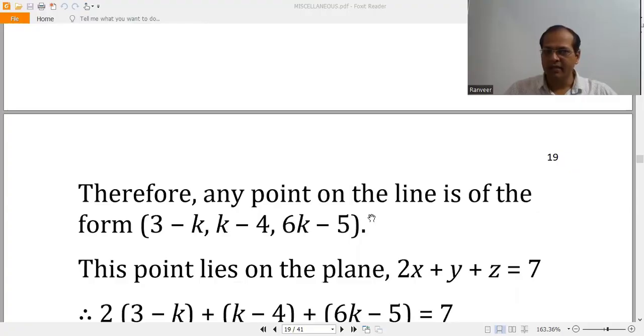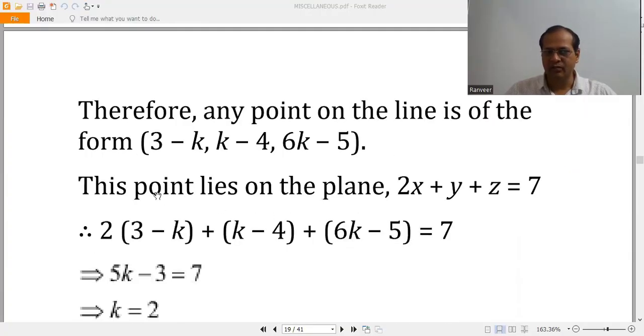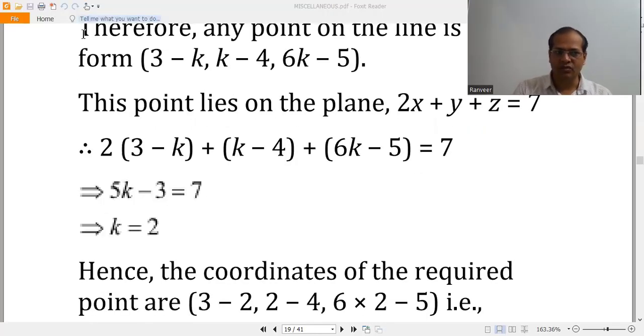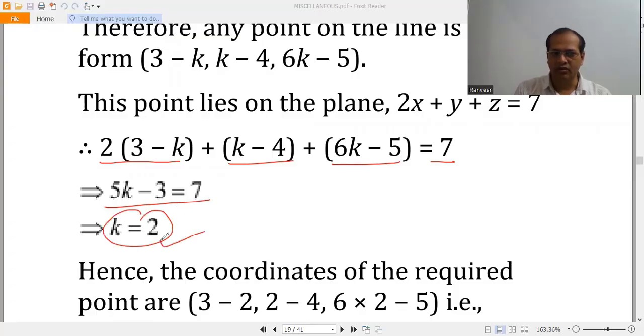Now, any point on the line is this point. This point lies on the plane 2x plus y plus z equal to 7, so definitely this will satisfy. We just have to substitute the value in the plane. So 2 times (3 minus k) plus (k minus 4) plus (6k minus 5) equal to 7. So 5k minus 3 equal to 7 and k equal to 2.